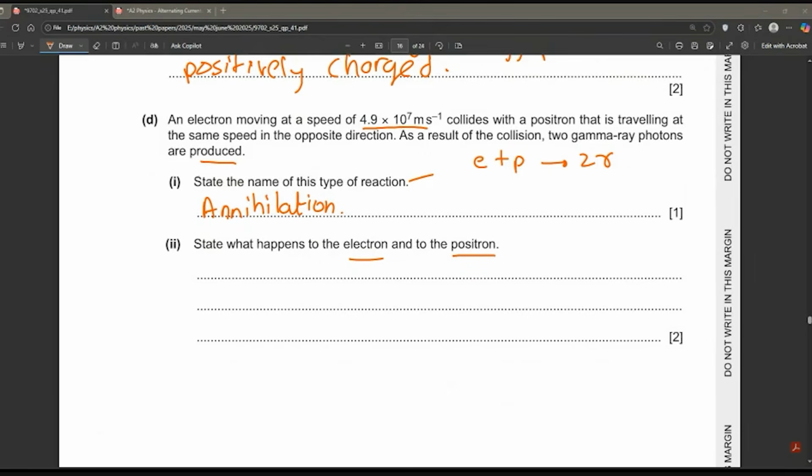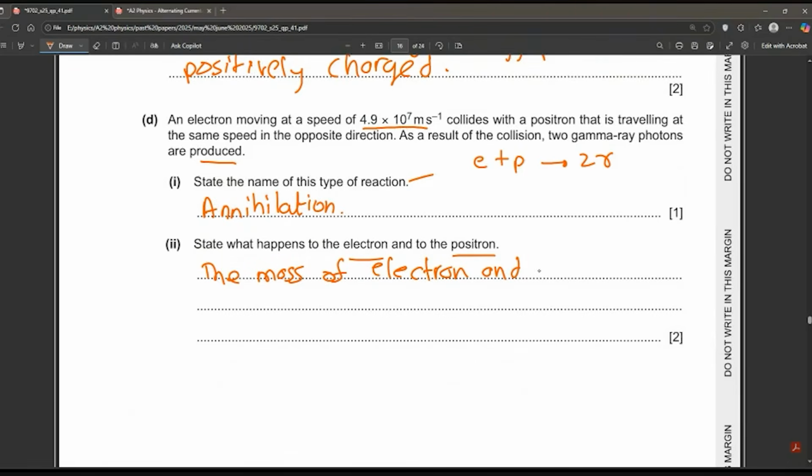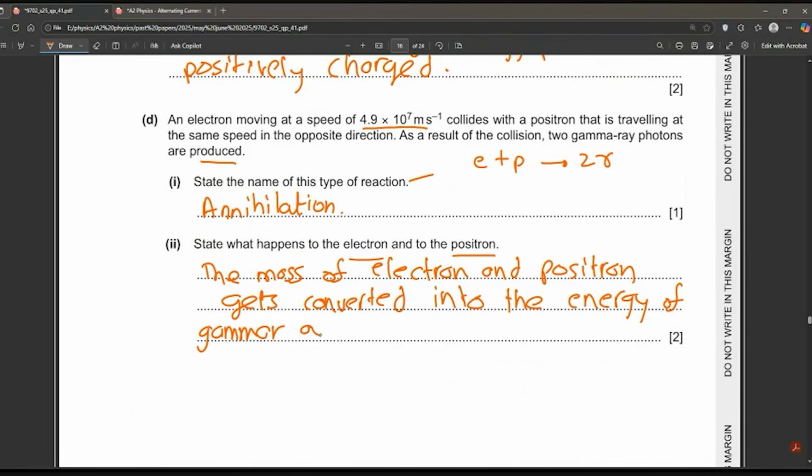You will say the mass of electron and positron gets converted into the energy of gamma ray photons. Is that done? All clear? Let's move ahead.